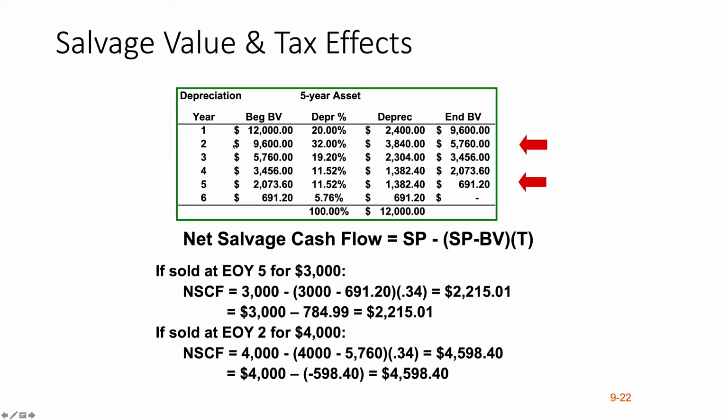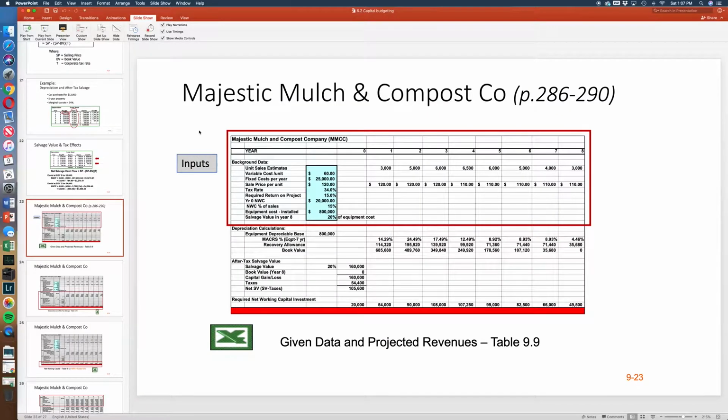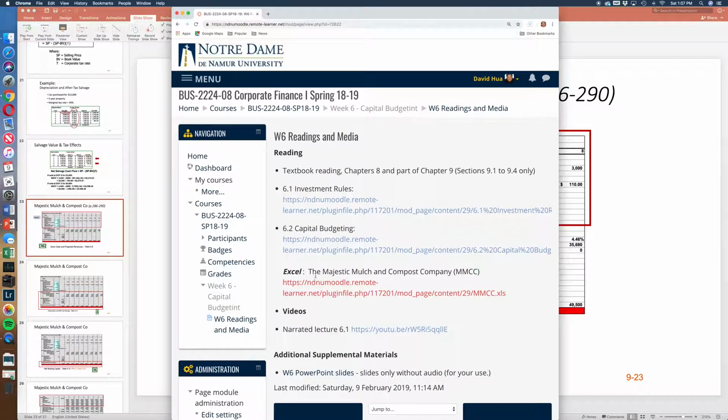By the way, I posted this spreadsheet online. Let me jump to the online site. On week 6, reading and immediate, the red one, the Excel, the Majestic Mulch and Compost Company, MMCC, this file.